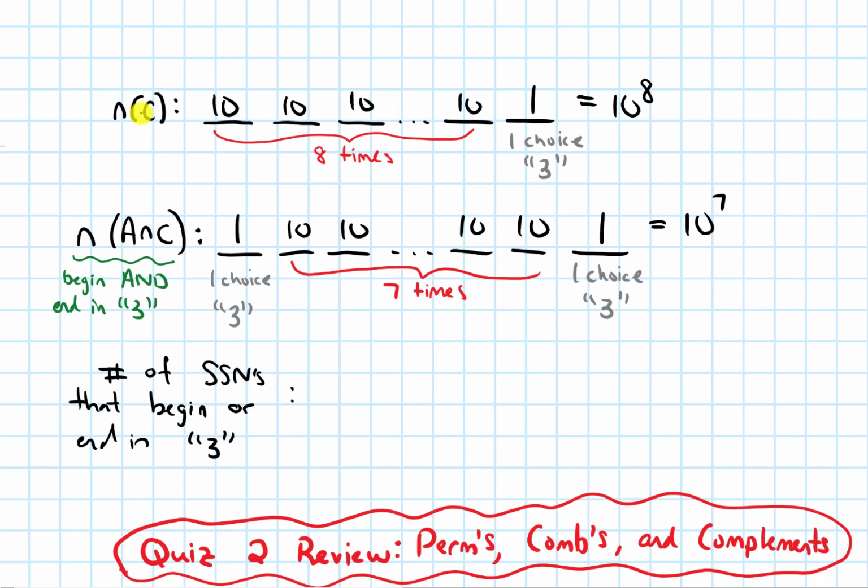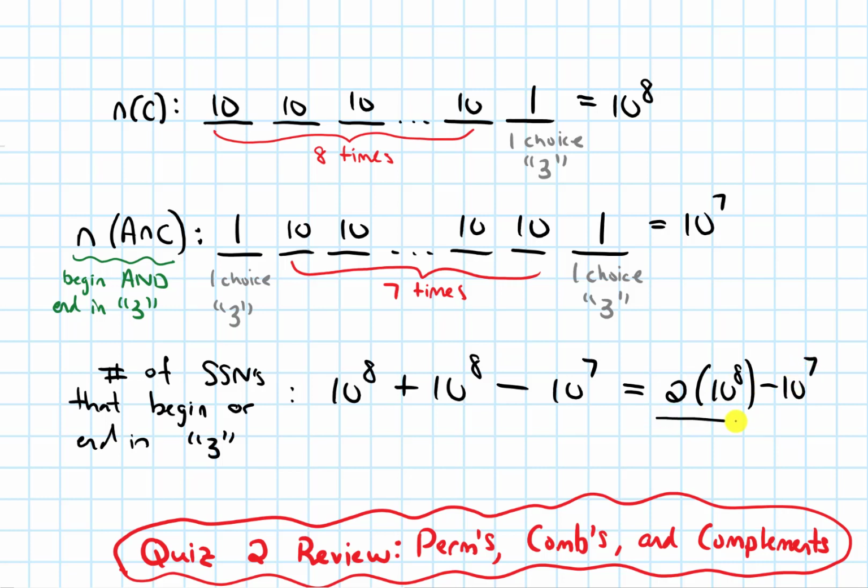It was the number of Social Security numbers that begin with a 3, 10 to the 8, plus the number that end with a 3, that's what we just found at the top of the page, 10 to the 8, minus the number of Social Security numbers that both begin and end in a 3, subtracting the number in the intersection, which was 10 to the 7. I could simplify this a little bit if I wanted to. We already did 10 to the 8 plus 10 to the 8 in the previous part of the question, and that was 2 times 10 to the 8, minus 10 to the 7. And I'll just leave it like that.